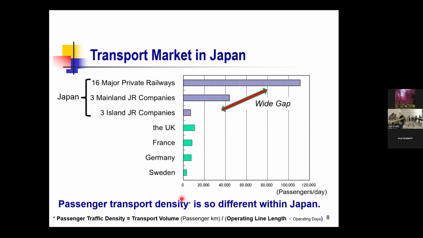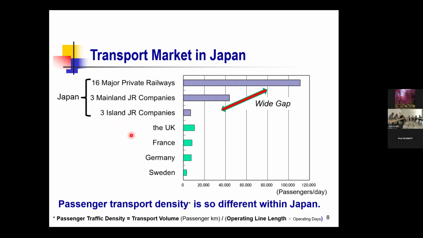As the graph shows, the major private railways in metropolitan areas and the 3 mainland JR companies, that is JR East, JR Central, and JR West in Honshu, transport a much larger number of passengers than European railways. This is why these railways can cover all the expenditures, including the maintenance cost.